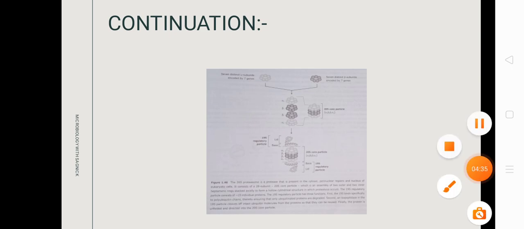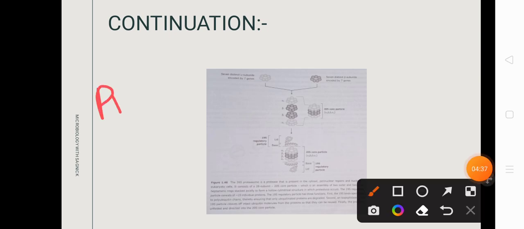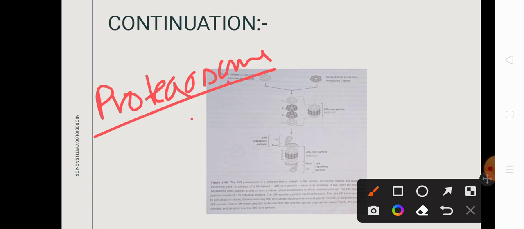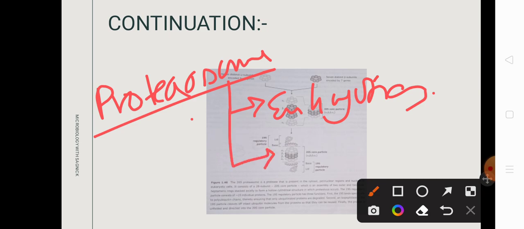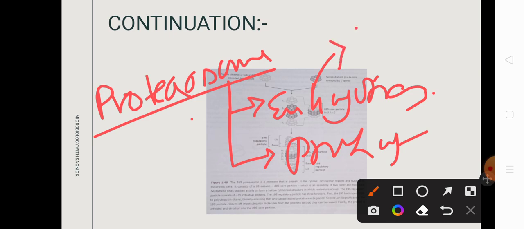Proteasomes are present in both eukaryotes as well as prokaryotes. In eukaryotes, these proteasomes are present in both the cytosol as well as the nucleus.